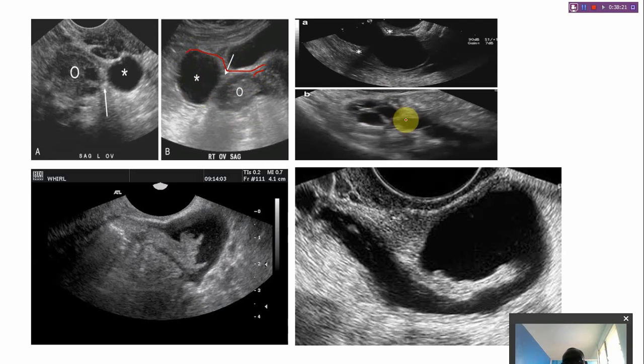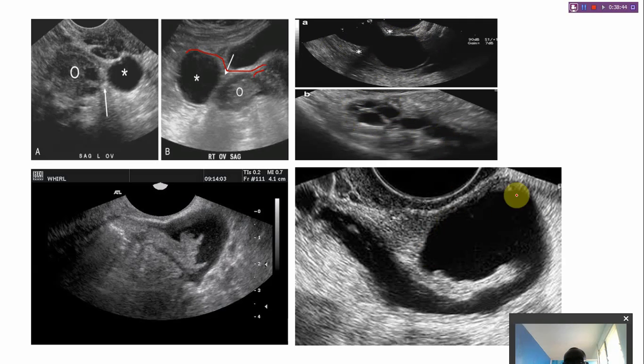So this is another one. They are always showing like a ring of beads. You can see these are bead-like structures, like beads arranged on a string.